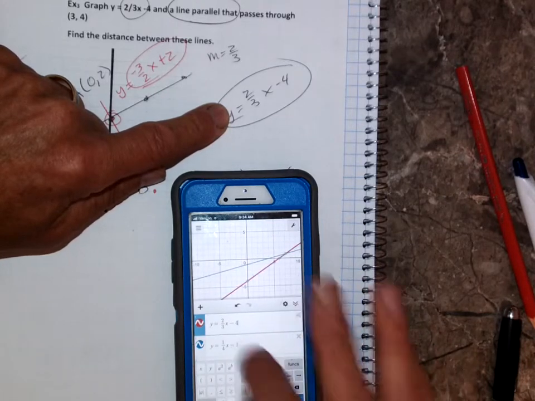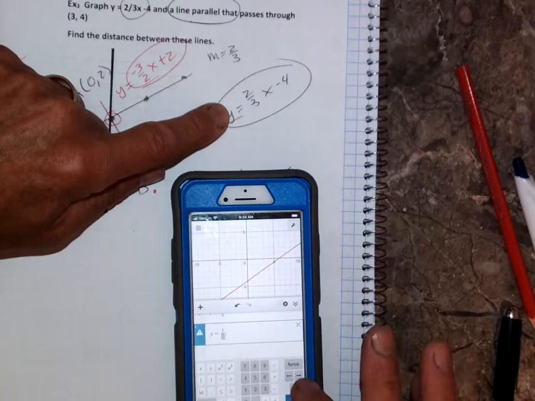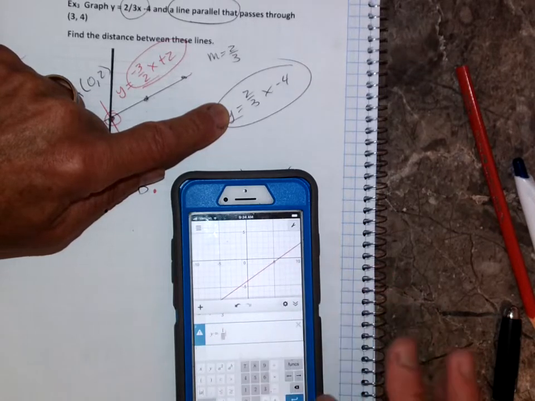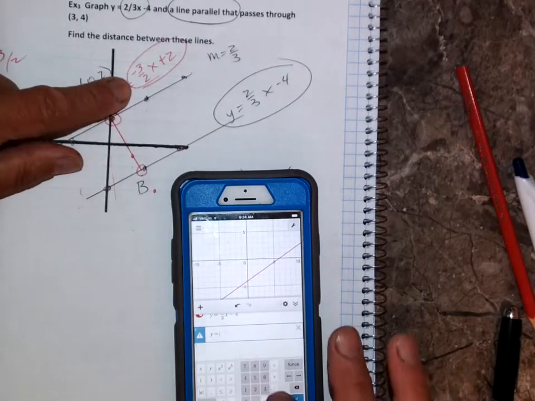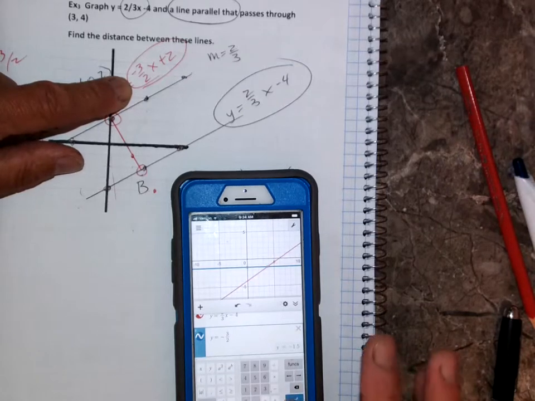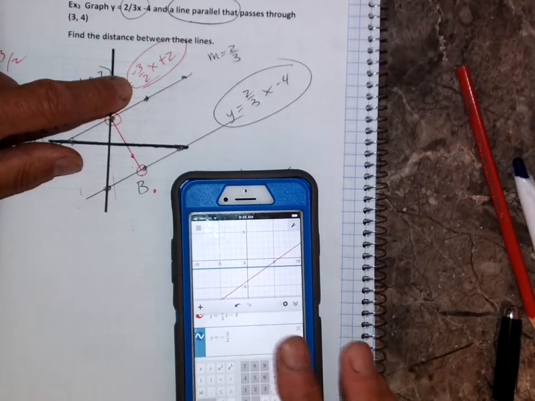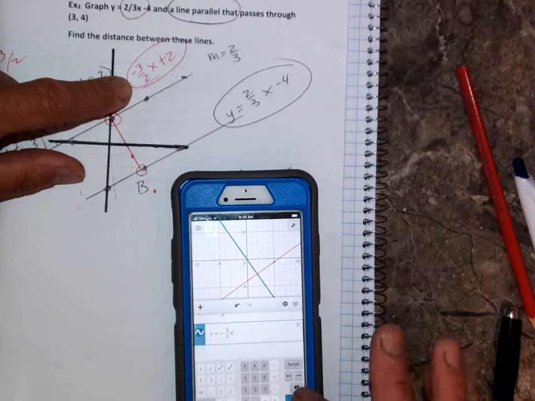And let's get rid of this equation. There you go. And I need this equation, which is -3 divided by 2, move it over so you can put your x there, not on the bottom, x, and then plus 2.